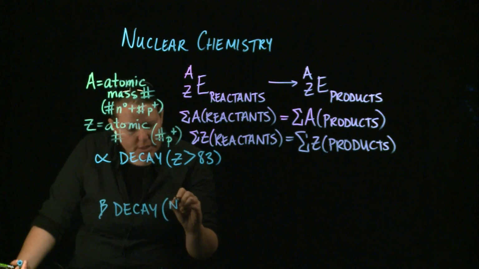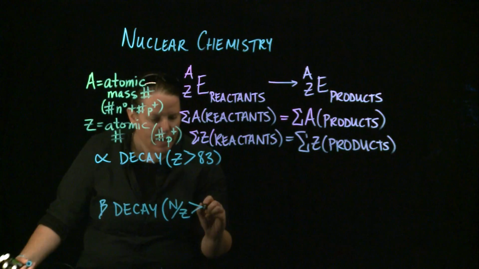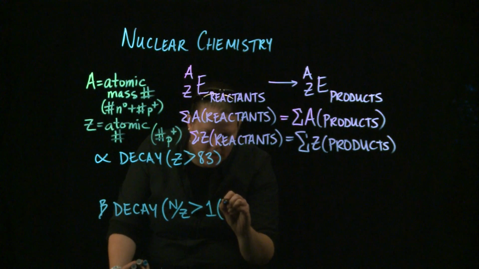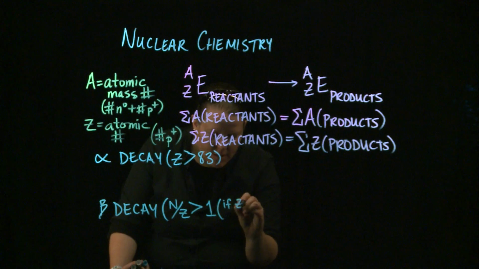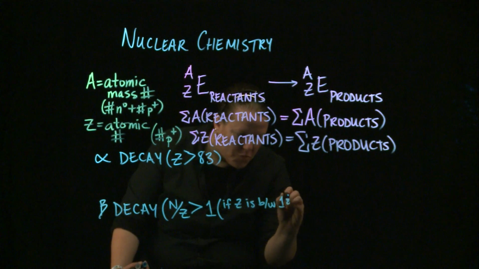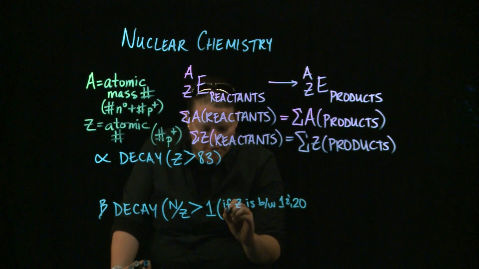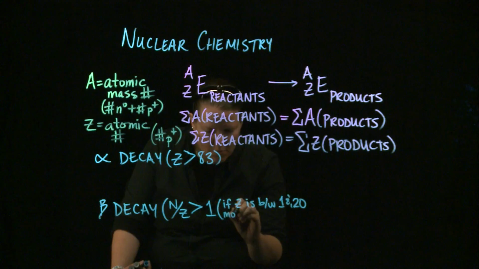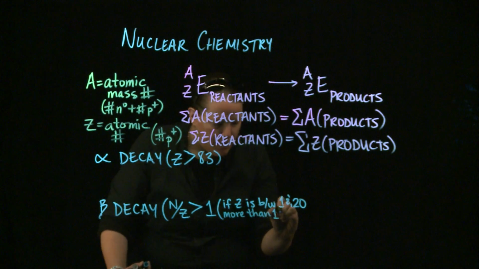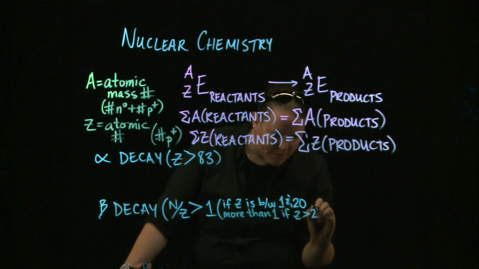That happens anytime the N to Z ratio is greater than the band of stability. So we're going to call that 1 if Z is between 1 and 20, and greater than 1 if Z is greater than 20.